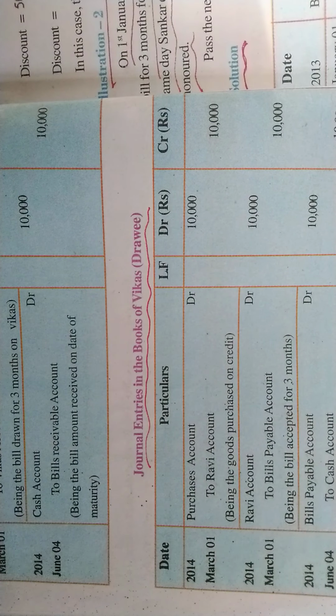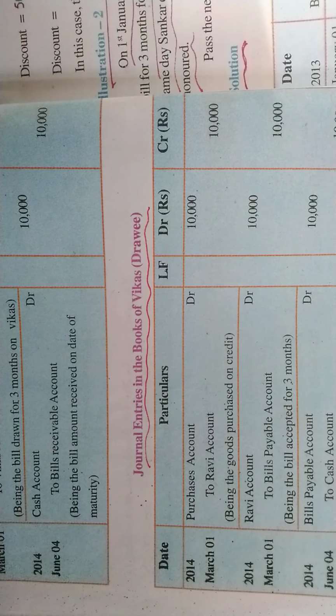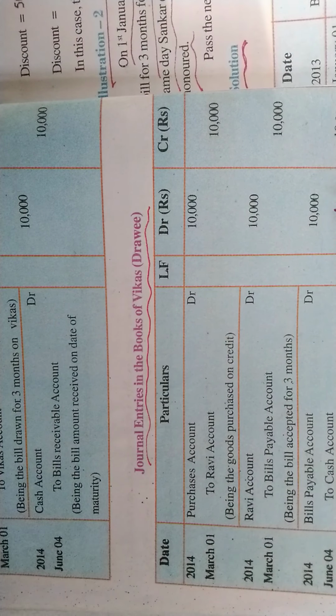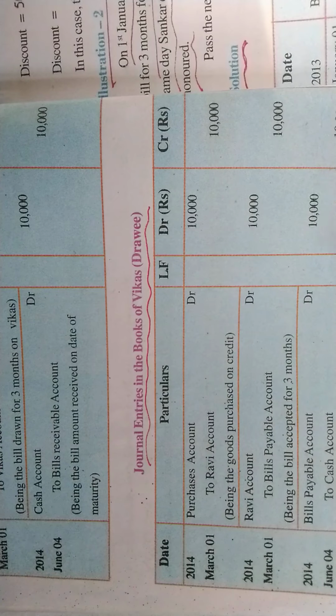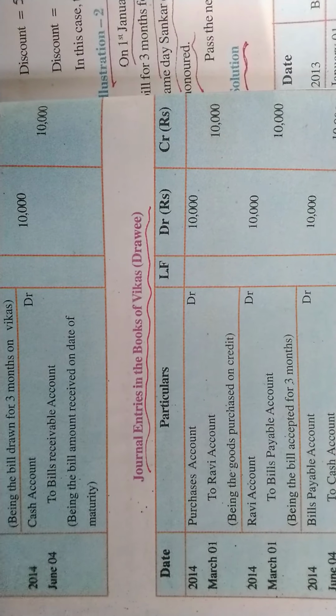After exactly 3 months, we enter the date 4th June 2014, bills payable account debit 10,000 rupees to cash account 10,000 rupees. The narration is being the bill amount paid on the date of maturity.